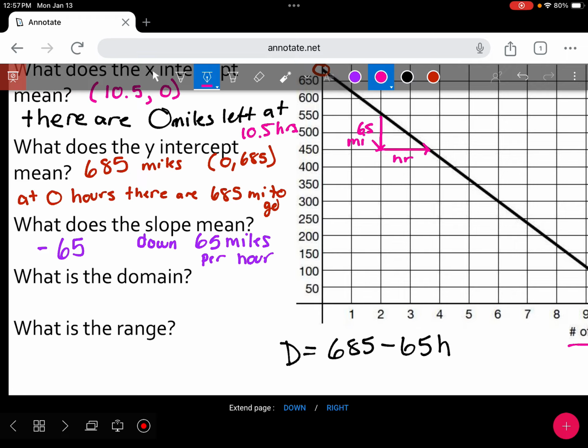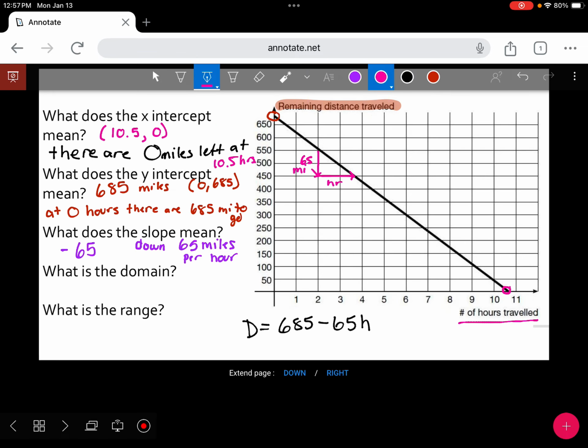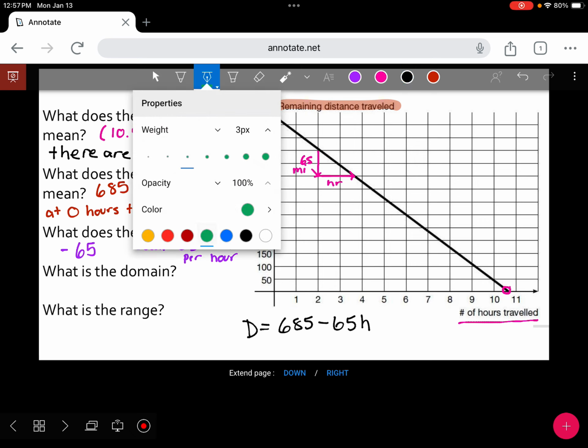And then we've got a couple of weird questions here that are kind of awkward in this particular situation. Is the domain and range? What is the domain? In general, what does domain talk about? The x's.